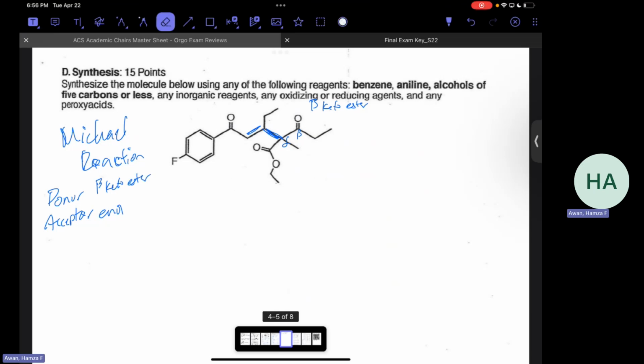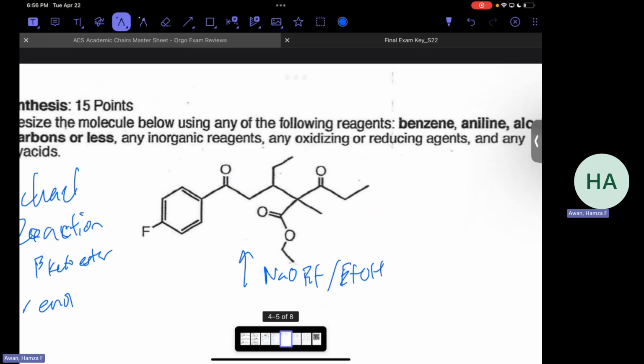So one thing about Michael is that you always want to figure out where the bond is being created, right? Because the first step for Michael, NaOH or NaOEt/ethanol, the first step for Michael is always going to be like that, right? So you just have to figure out where the bond is being created.